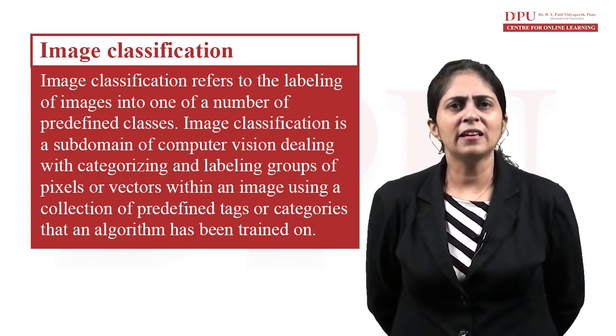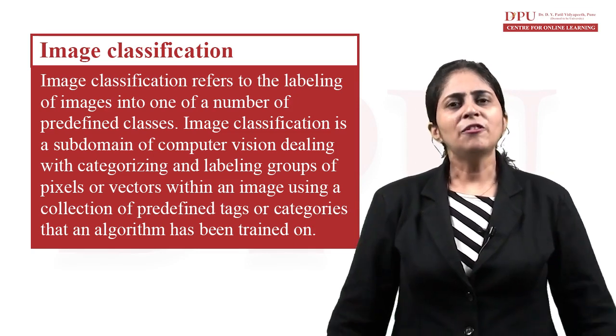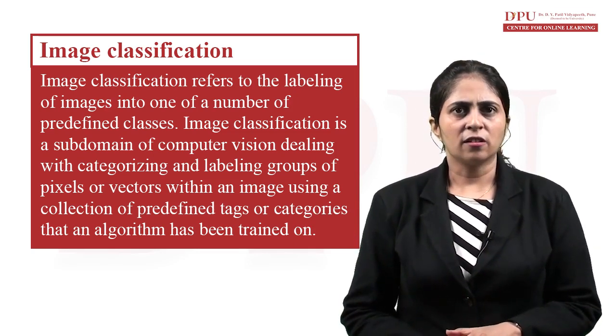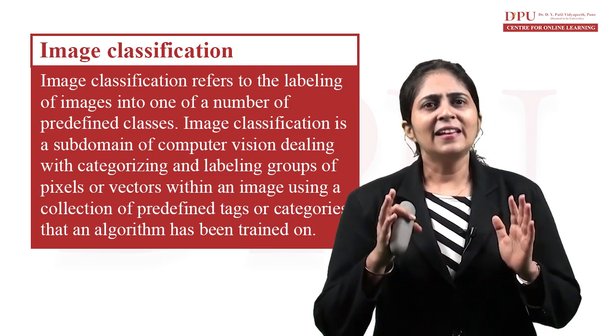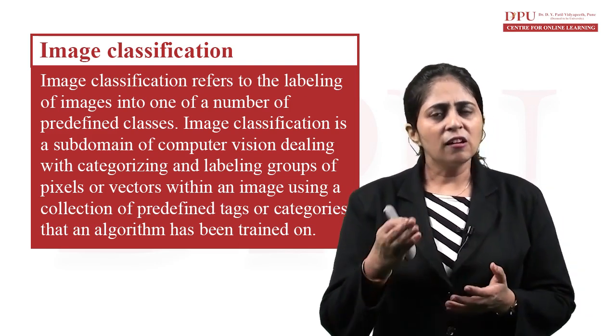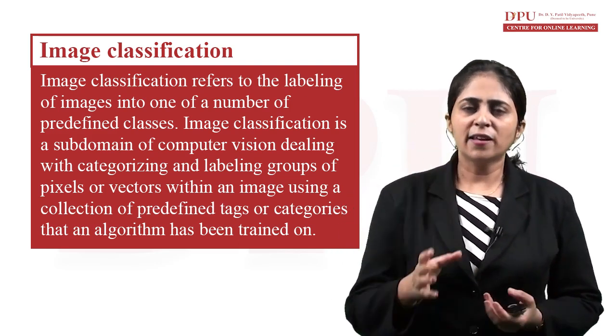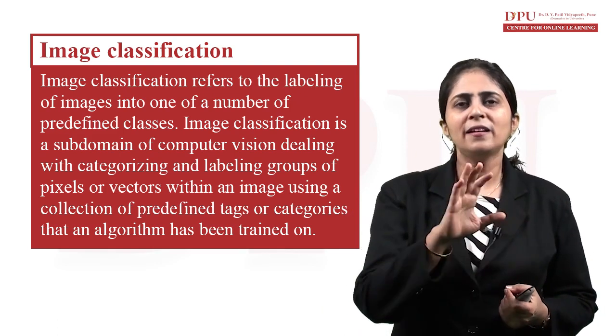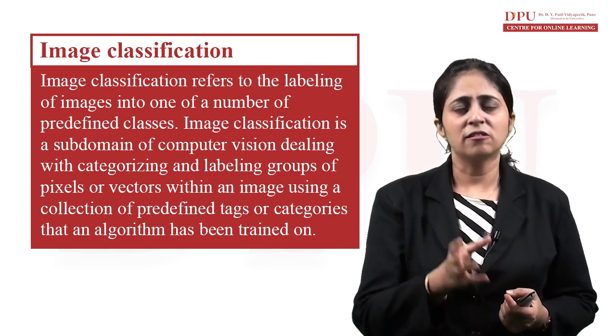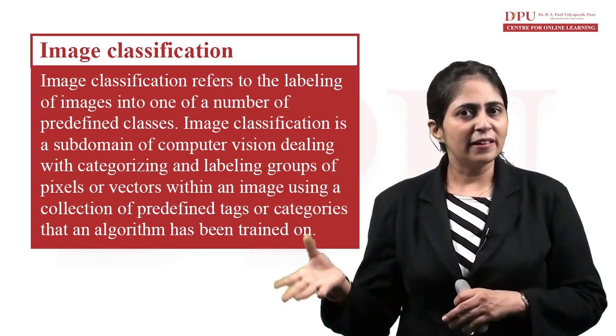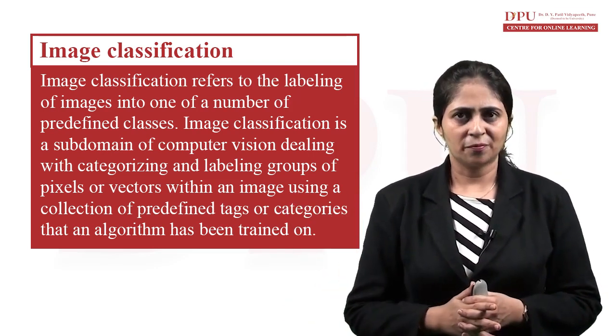Let us understand with the help of some examples. If we talk about binary classification, it is labeling an X-ray as cancer or not. An X-ray has been taken, and now we label whether it is cancer or not. That is a binary classification of the image.